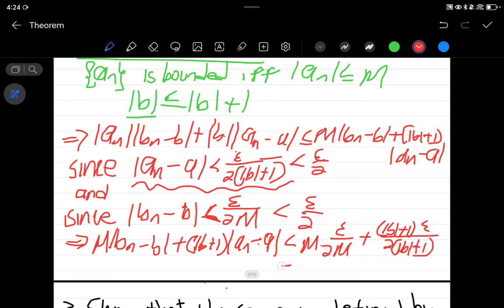Then that will cancel. This equals e over 2 plus e over 2, which equals e. So I've proved this.